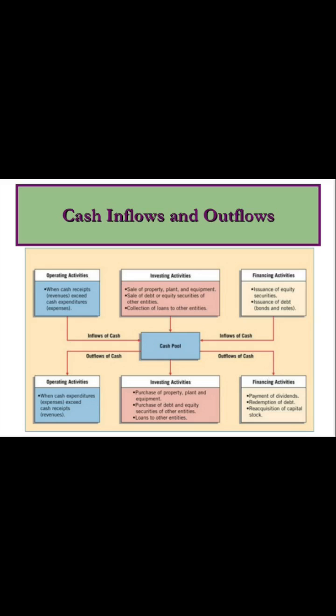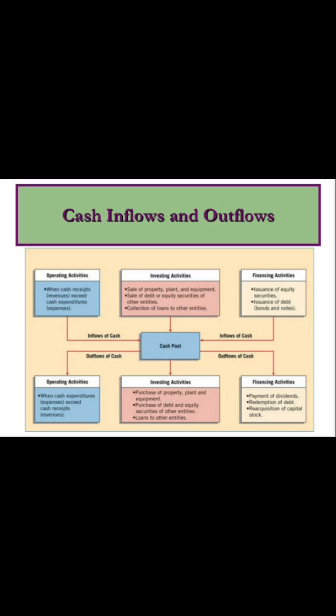In case of operating activity, when the cash receipt exceeds the cash expenditure, then it causes an inflow of cash. While if the cash expenditure or cash expenses exceed the cash receipt or revenue, then it occurs the outflow of cash. Next is the investing activity.